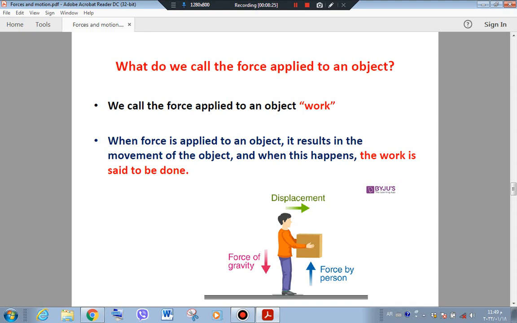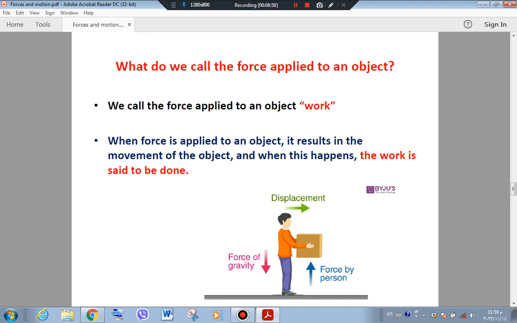There also is a force from the person. So when he grabs the box, he moves it. That box is no longer in that place. What he's doing, he's displacing the box. He moves the box to another position.